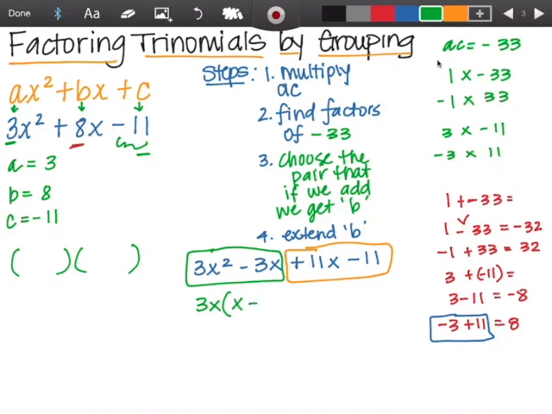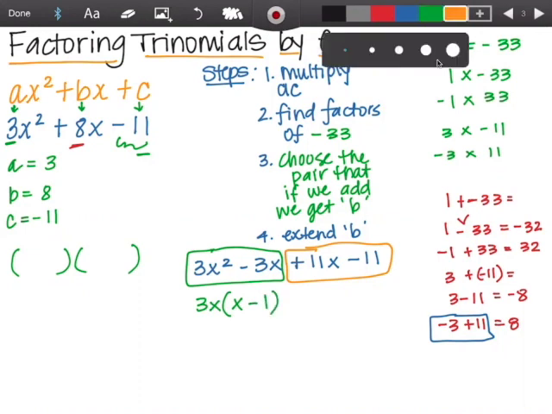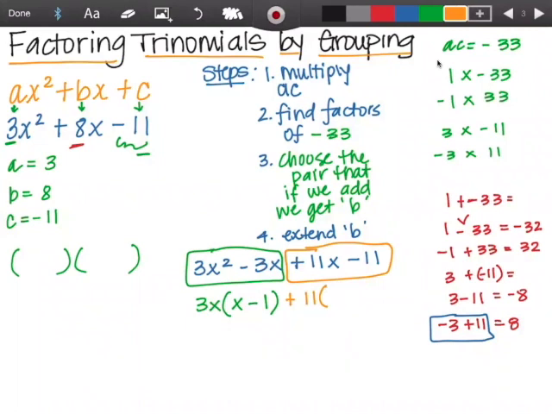We would multiply by negative 1. All right. And now we look at 11x and negative 11. The greatest common factor between those two is 11. So we're going to pull out 11. 11 times x is 11x. And then 11 times negative 1 is negative 11.